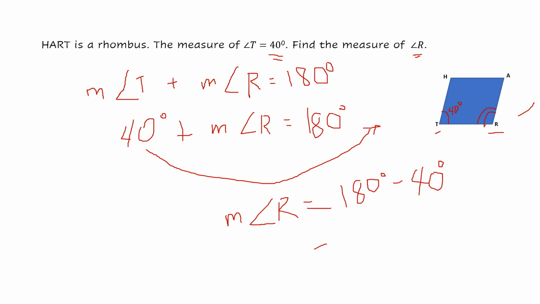And finally, measure of angle R, 180 minus 40, is 140 degrees. And this is your final answer, 140 degrees.